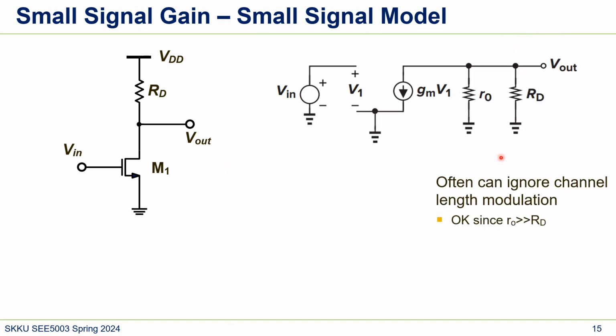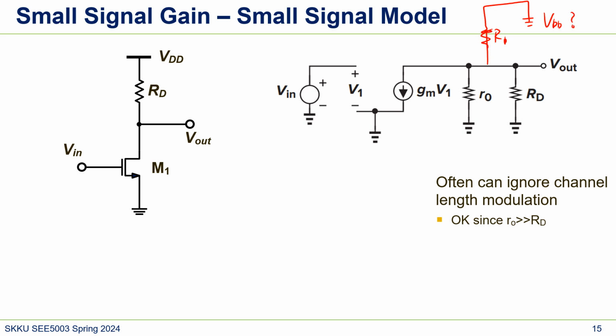I brought this figure from Razavi. It looks a little bit different. You know what's different? RD, we drew it like here, right? But since these are ground and everything is just ground, so this is the same. And then you may wonder, this RD ground, isn't it VDD?